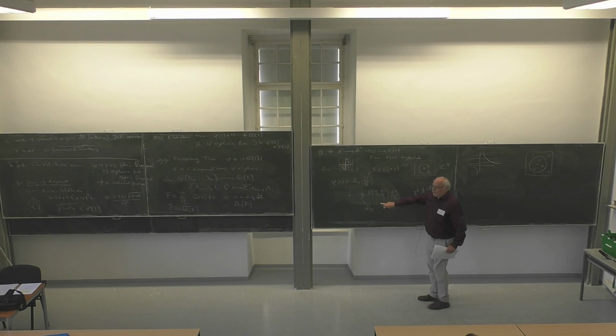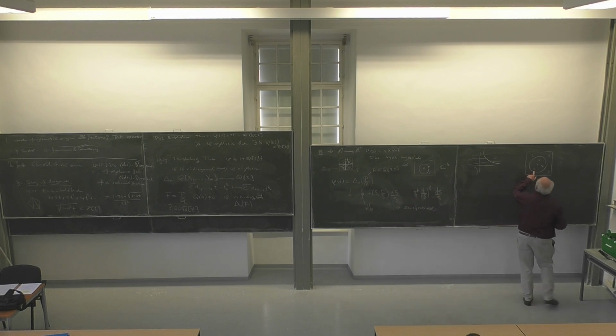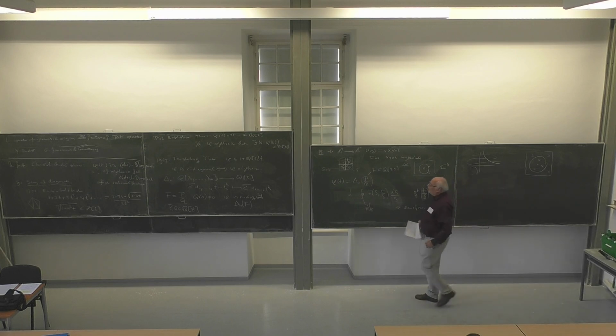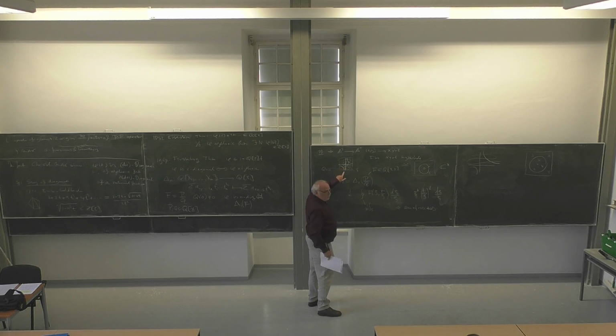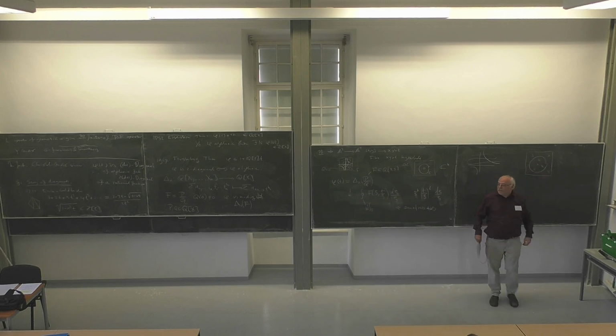So this integral here is a sum of residues. These points here are the poles of this function here, and you take a sum of some part of the poles, so this is an algebraic function.